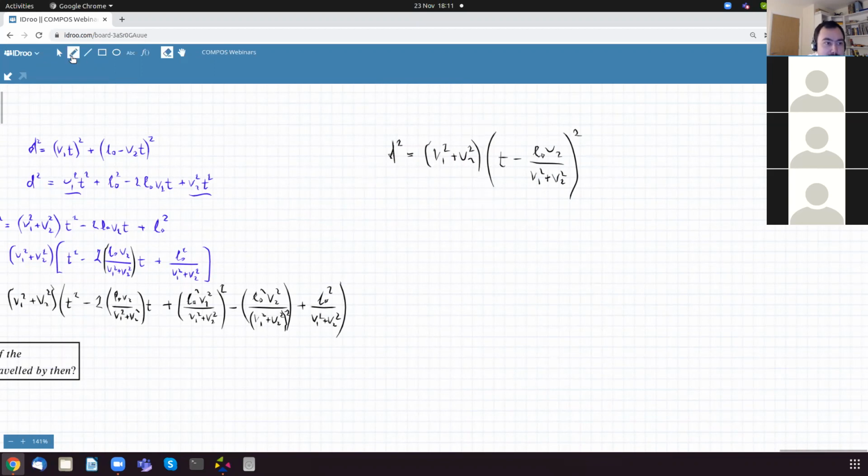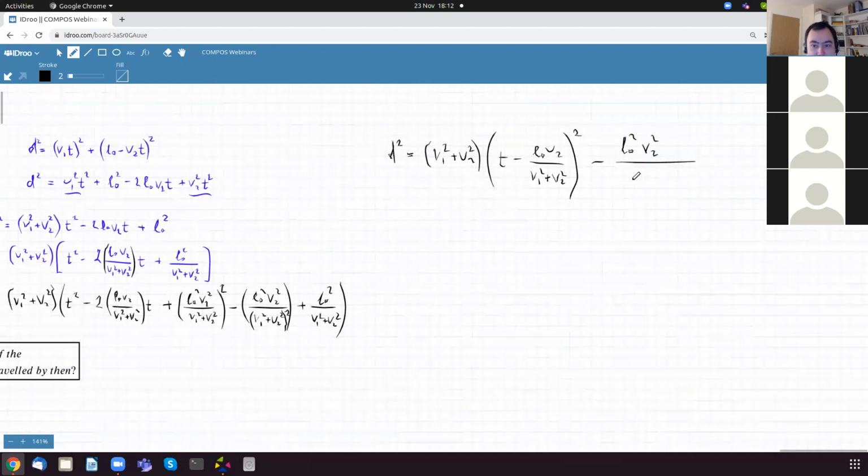I will expand right away. So when I expand this, I get, all right, L0 squared v2 squared over v1 squared plus v2 squared. Now there's no square down here, and plus L0 squared.